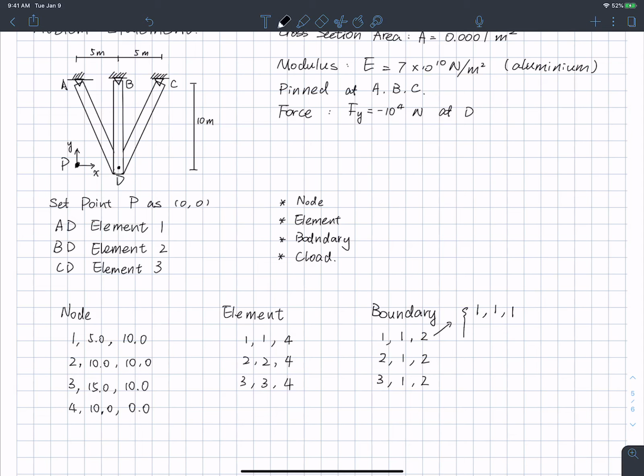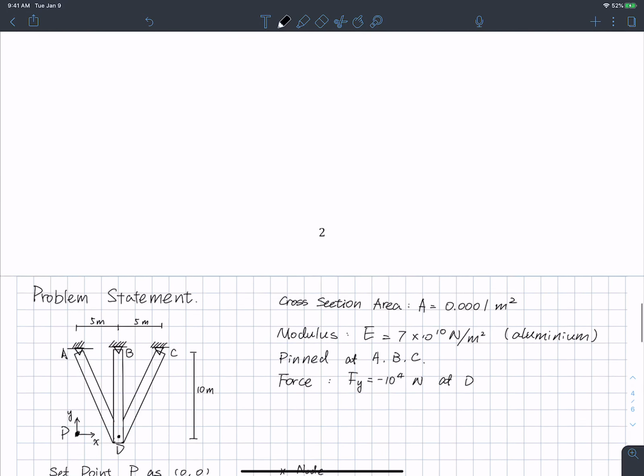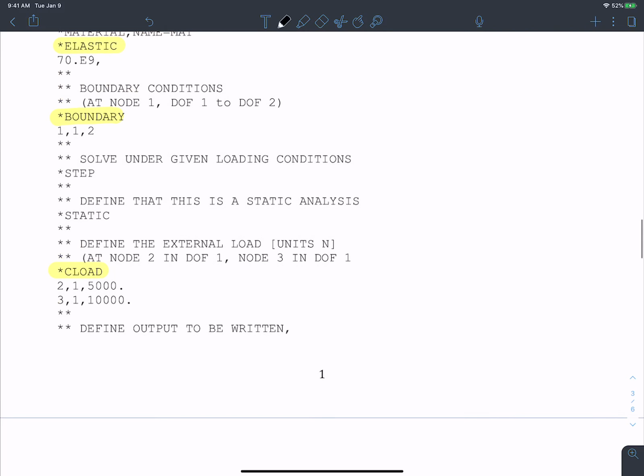And then you want it to also be fixed in y direction, so you can say the first node is also fixed from y to y. So this and the 1, 1, 2 should be interchangeable with these two lines together: 1, 1, 1, and 1, 2, 2. You can try this out for yourself, but basically for the boundary condition, you're going to change this part.